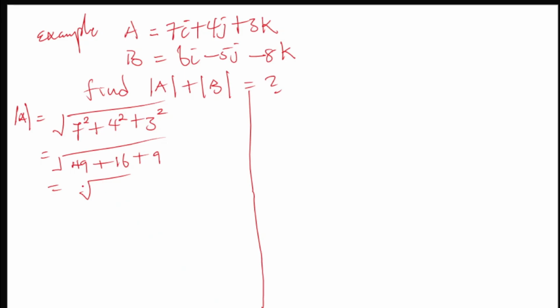If you are with your calculator, do well to punch. So we have 74 here. You take the square root of 74 and that will give you 8.602. Am I communicating?